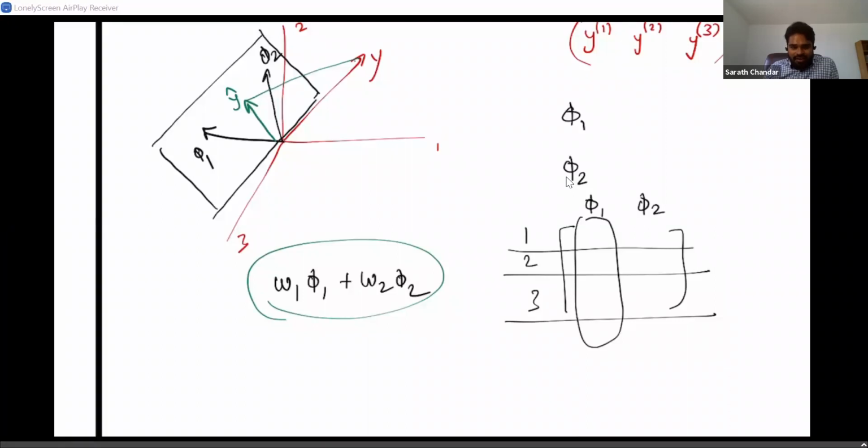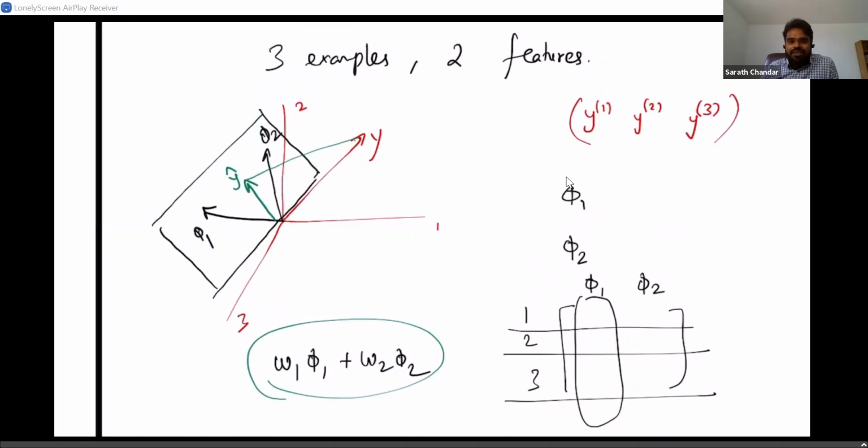Consider a specific example: I have 3 examples in the data set, and there are 2 features. With 2 features, Phi1 and Phi2, the linear regression model is given by W1 times Phi1 plus W2 times Phi2.